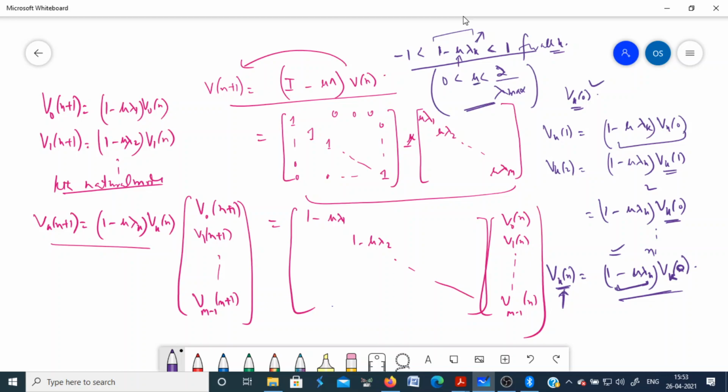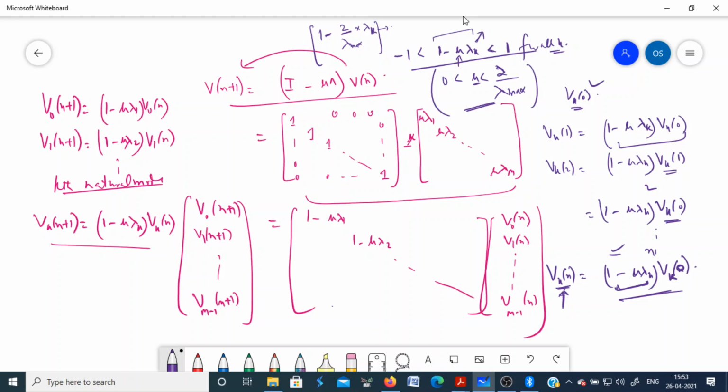But when mu is 2 by lambda max, what do you get? 1 minus (2 by lambda max) into lambda k. If lambda k is equal to lambda max, it will be 1 minus 2, that is minus 1.